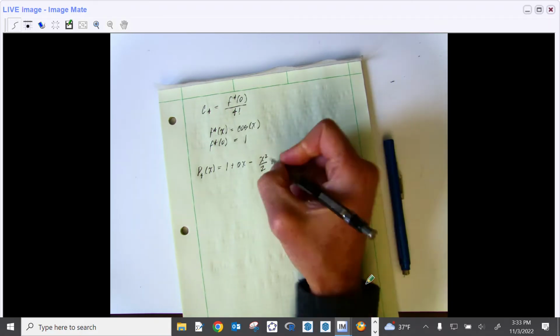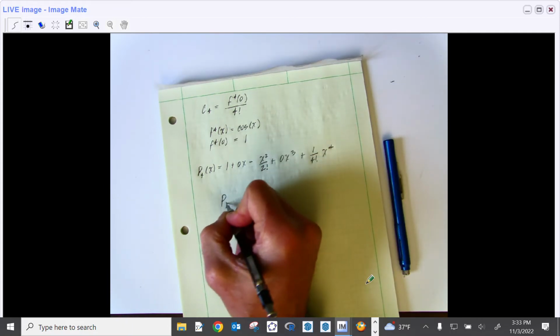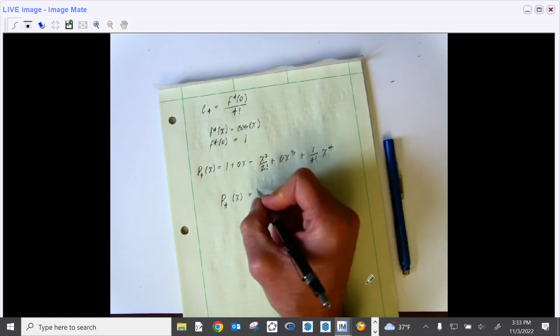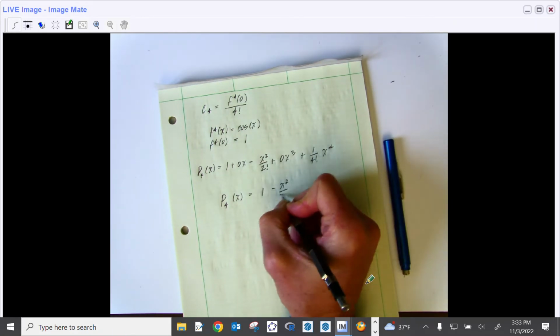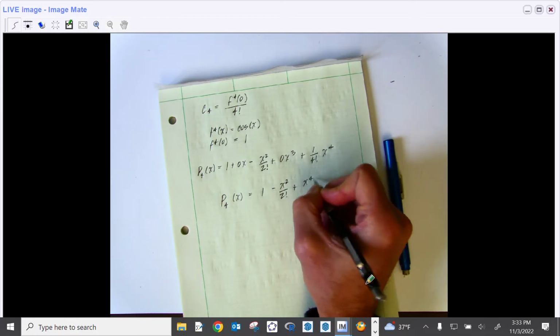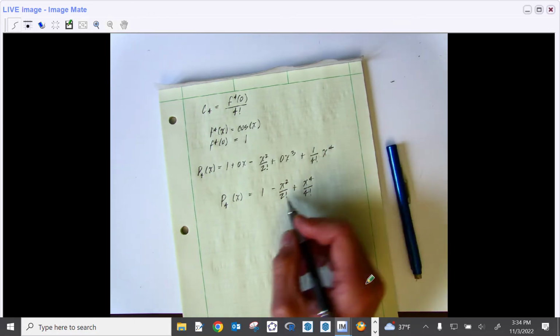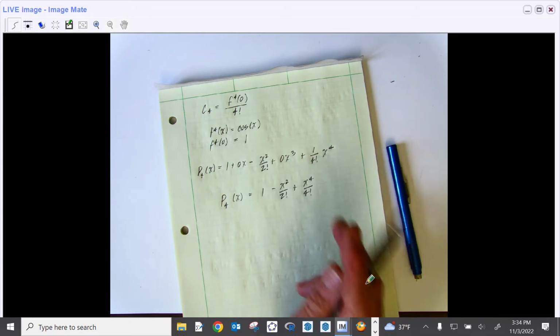And I guess now we can kind of see this as a factorial if you like. 2 is the same thing as 2 factorial. So the 4th degree Taylor polynomial approximation of the cosine function is 1 minus x squared over 2 factorial plus x to the 4th over 4 factorial. I think you can kind of see how this is going to go. These are going to go up by 2 each time. We're going to miss 1 every other time.